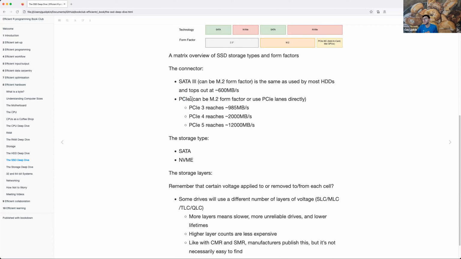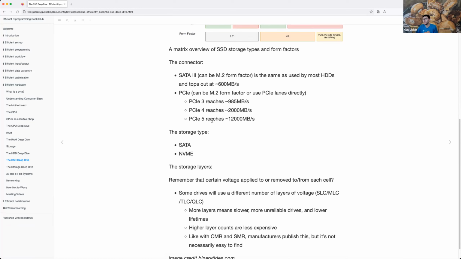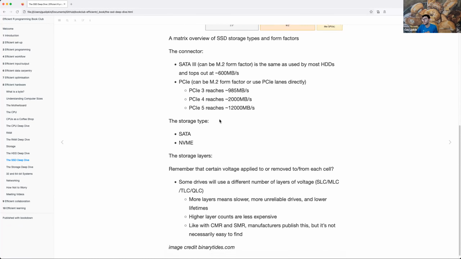PCIe, which is if you game at all and you have a graphics card, it's actually the same protocol. And the 3 latest generations top out at wildly different speeds, just under 1,000 megabytes per second, 2,000, and then 12,000 for generations 3, 4, and 5. And then I believe generation 6 is being worked on currently.